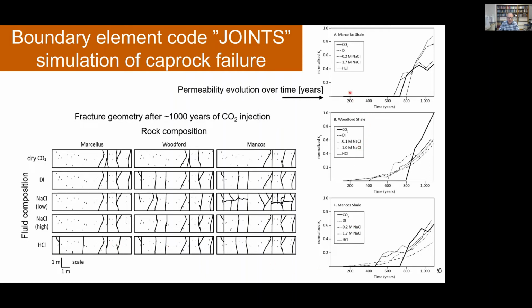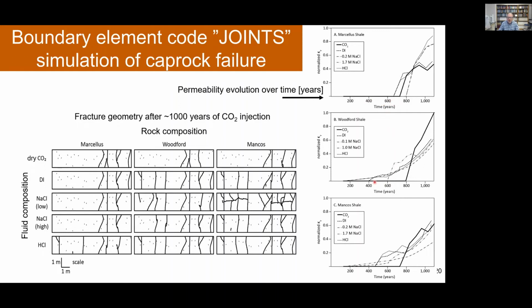What that also means is that we can then do some Eclipse type of flow simulations across those fractures, across the layer, and look at the permeability evolution over time. Again, we shouldn't take those absolute years at face value. It's all relative here.